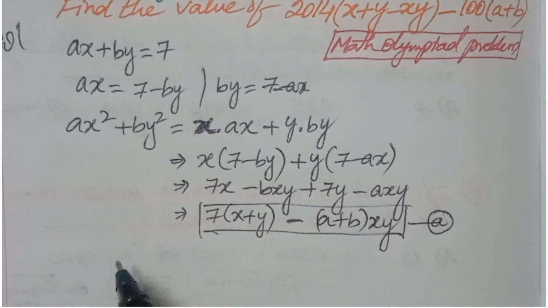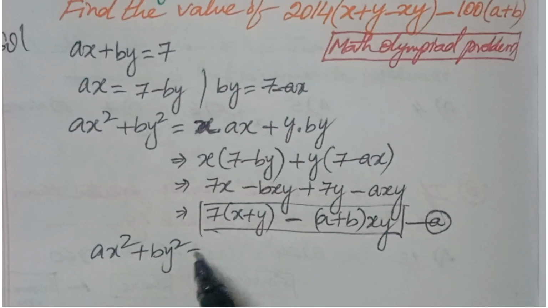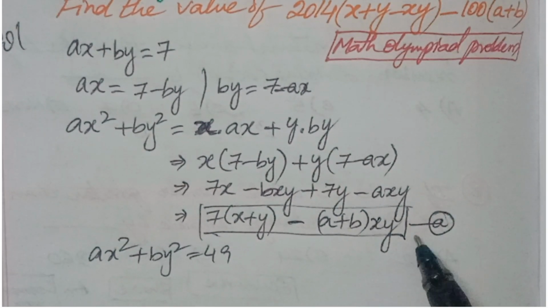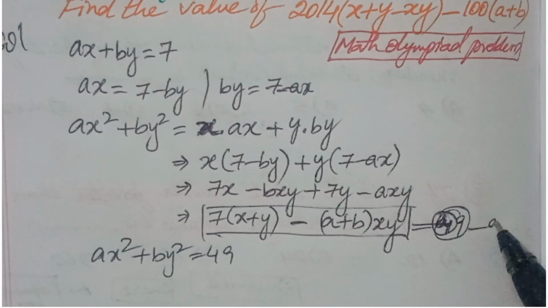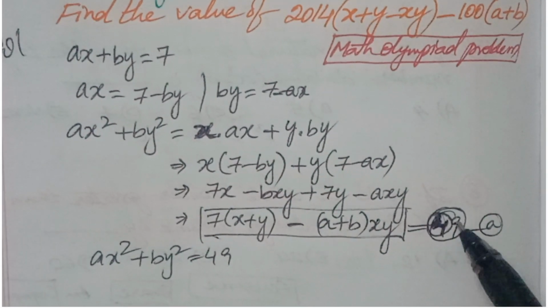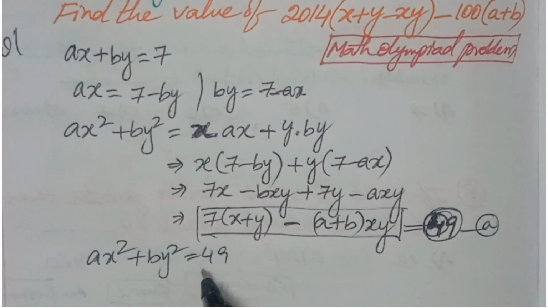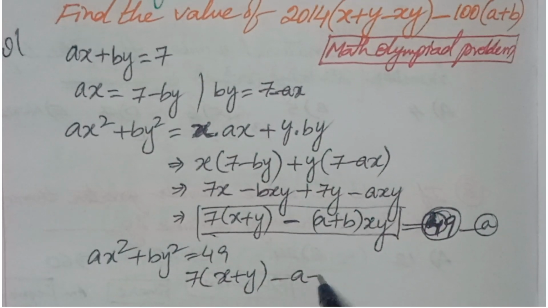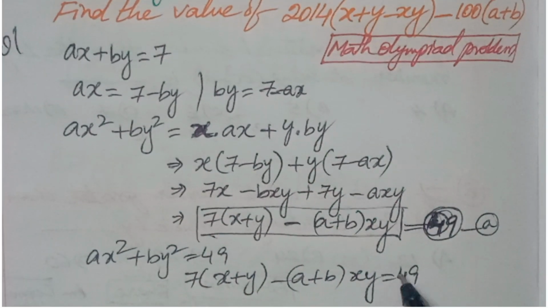Now, given ax square plus by square is equal to 49, this is equal to 49. So I write the same: 7 into (x plus y) minus (a plus b) into xy is equal to 49.